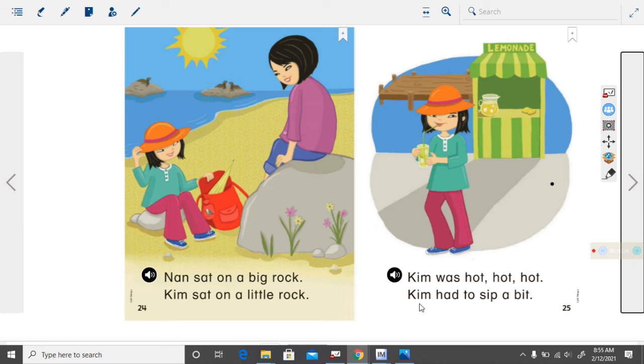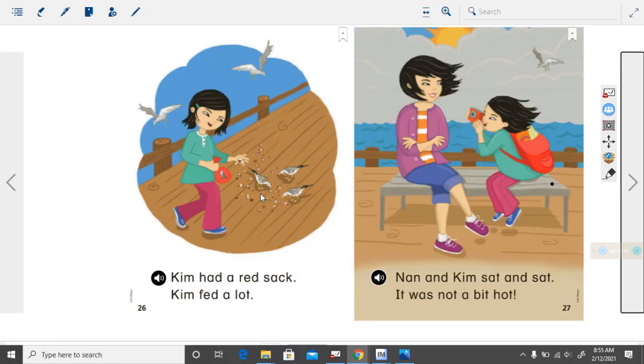My turn for the next sentence. Kim had to sip a bit. Your turn. Okay, see how we're taking turns reading this? Now it's my turn. Kim had a red sack. Now it's your turn to read that. My turn.